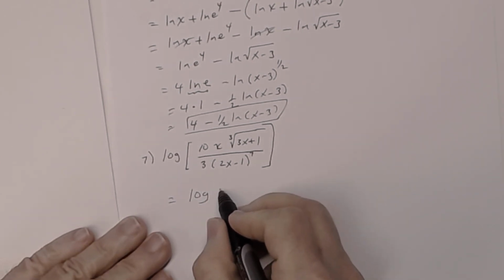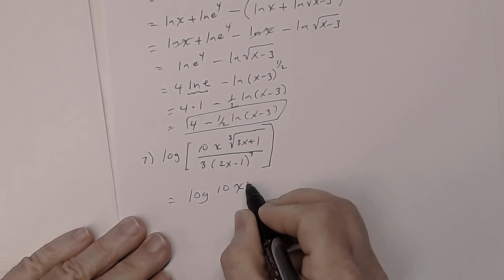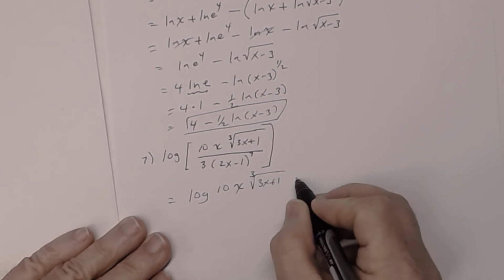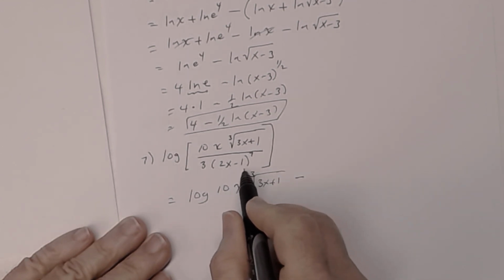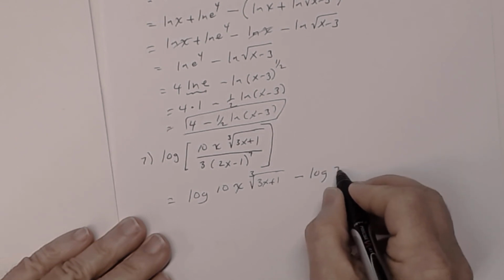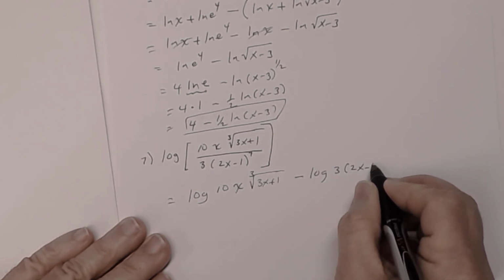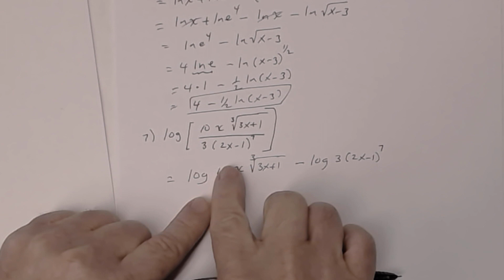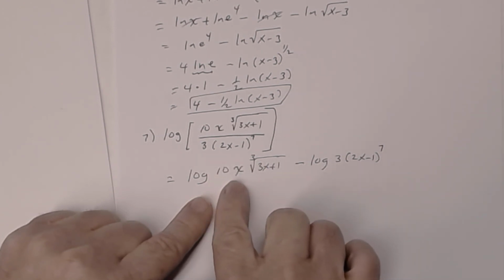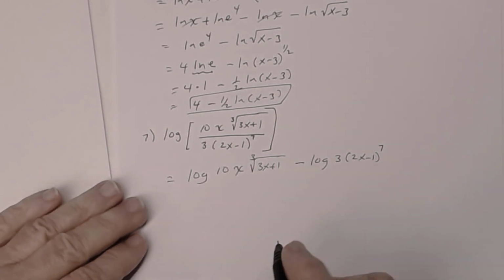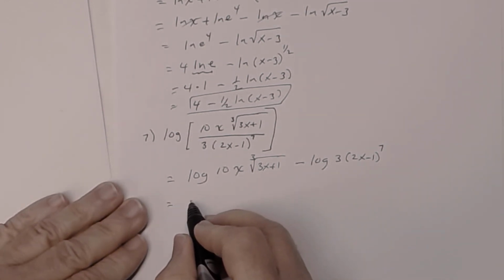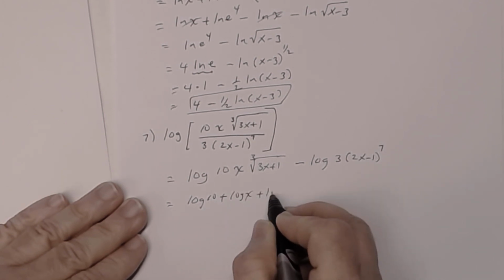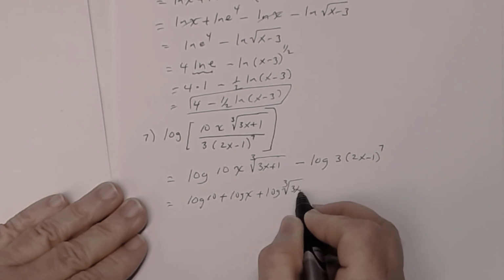So the log of the numerator, 10 times x times the cube root of 3x plus 1 minus the log of the denominator, so minus the log of 3 times 2x minus 1 to the 7th power.